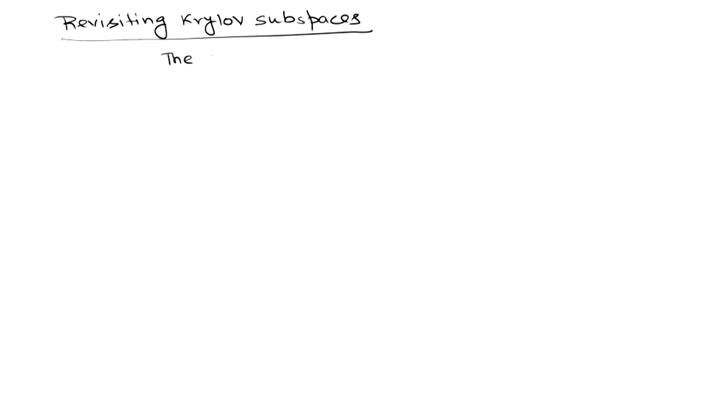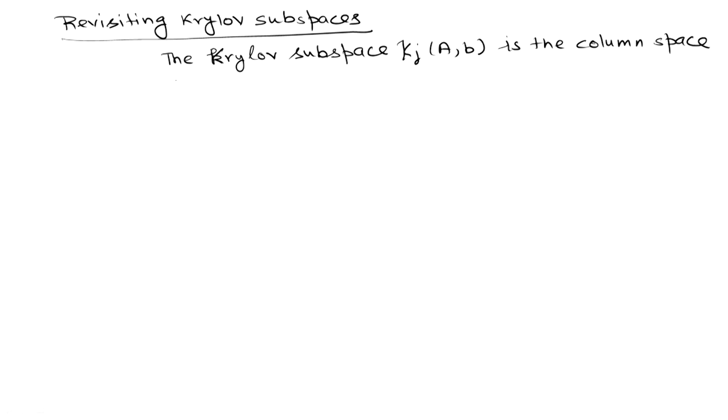The Krylov subspace K_j(A, b) is the column space of the Krylov matrix, which is quite obvious because the columns of the Krylov matrix are nothing but the vectors b, Ab, A squared b, up to A raised to power j minus 1 times b.